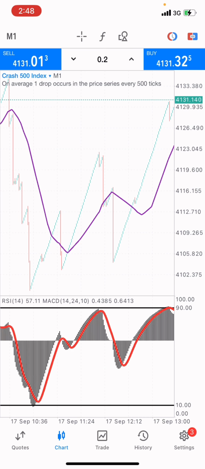Now, when you're trading this crash market, I always tell most of my students that they should understand that this market is not friendly at all. This market always wants to crash. This market wants to go downwards all the time.